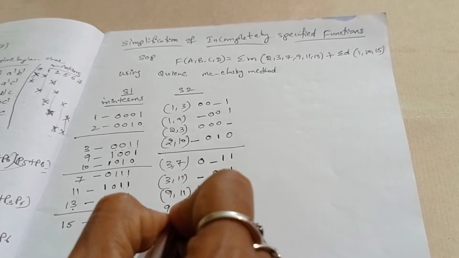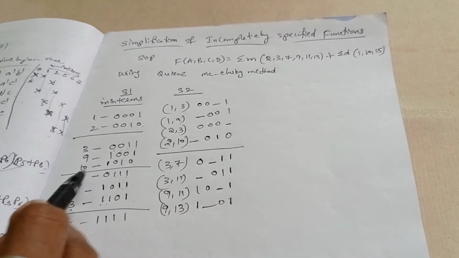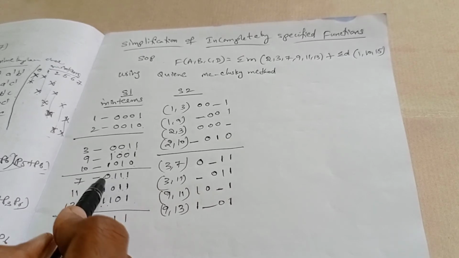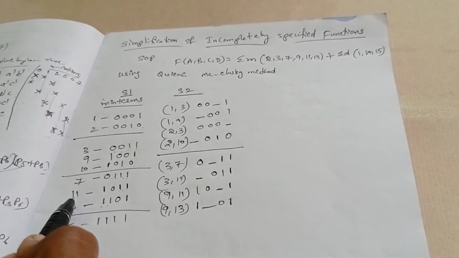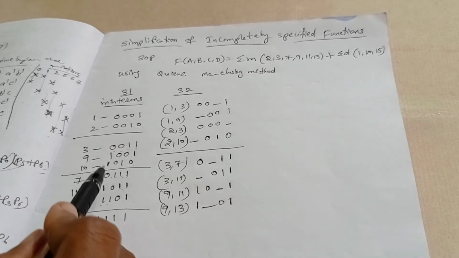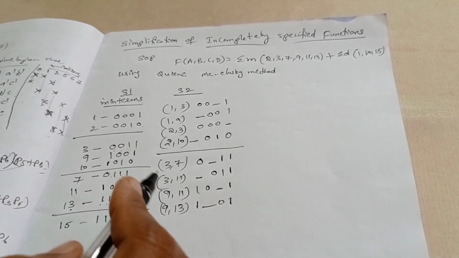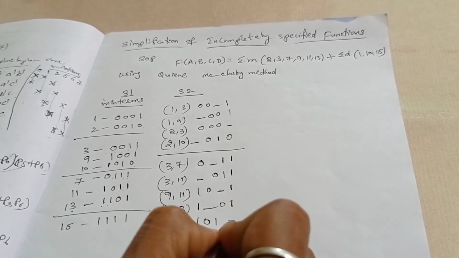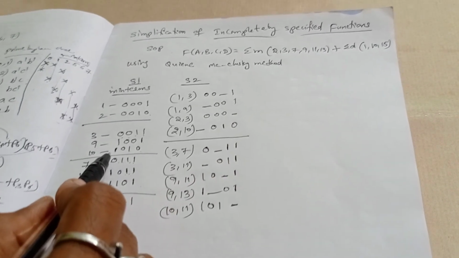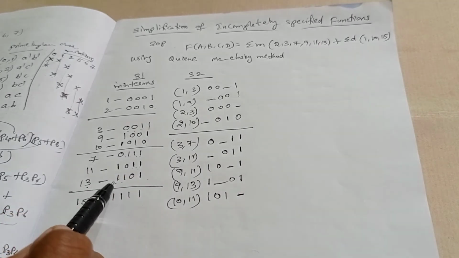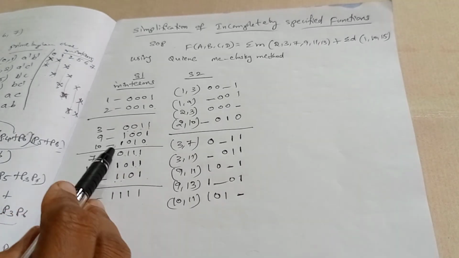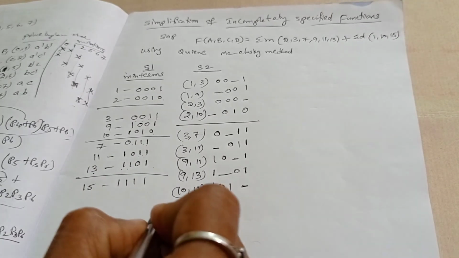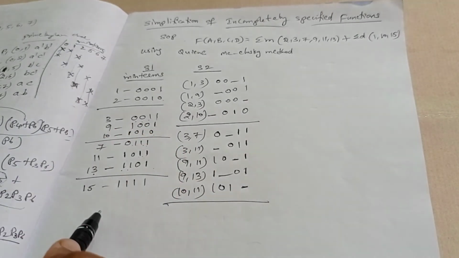So 9 with 13. Next 10 with 7, change, not possible. 10 with 11 is possible, 101 constant and it is changing. So 10 with 11, 101-. Next 10 with 13, constant, changing, not possible. So second group comparison is completed.